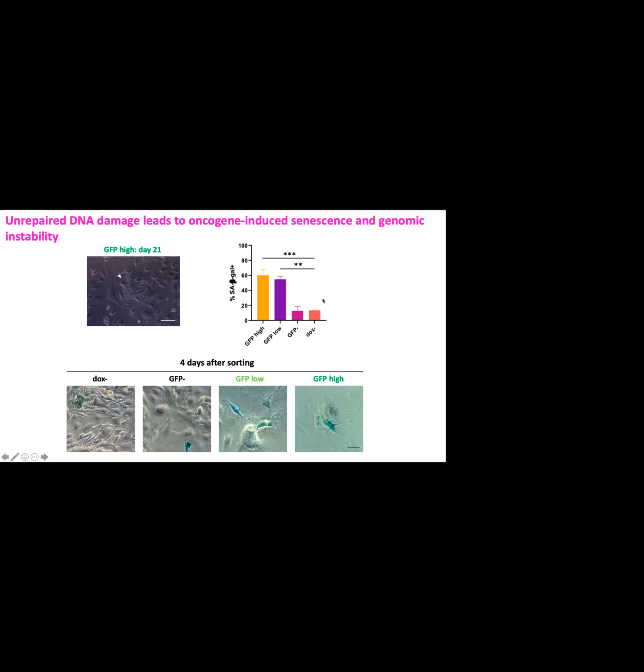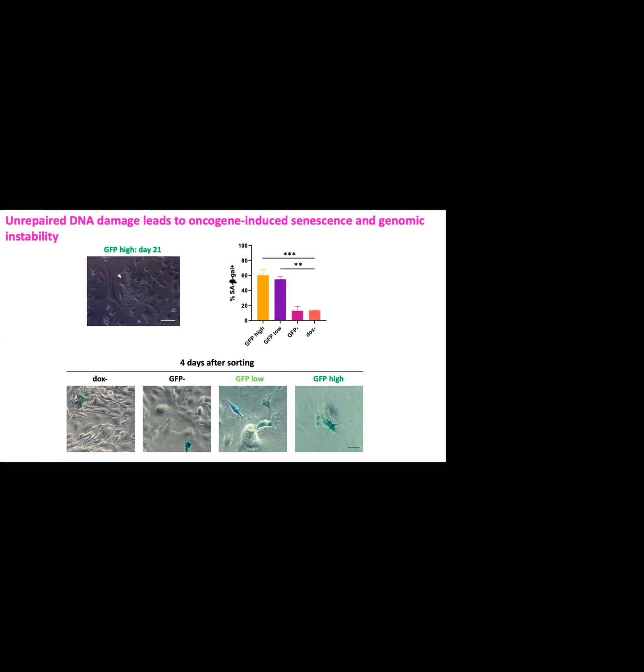Also, I should mention these cells were sorted originally based on their GFP expression, cultured separately, and then the beta gal staining was done. And you can see that the GFP high and the GFP low have significantly more beta gal positive cells than the GFP negative and the dox negative, which have a very low amount.